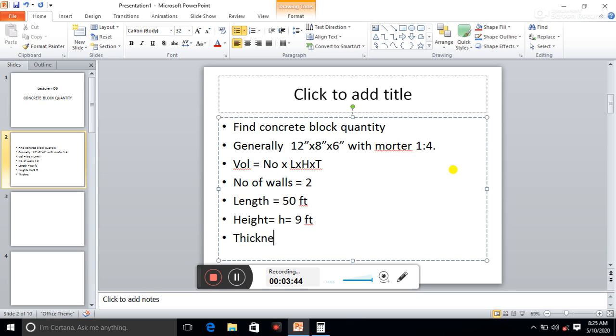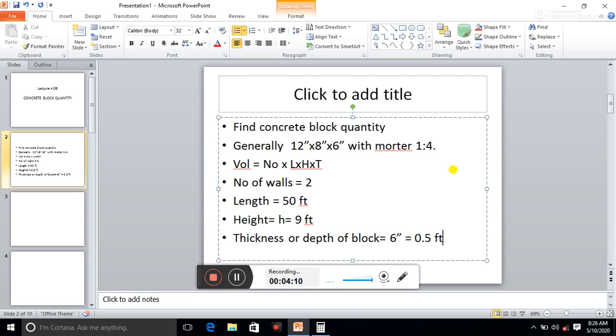Thickness or depth of block is equal to 6 inches, which is equal to 0.5 feet.